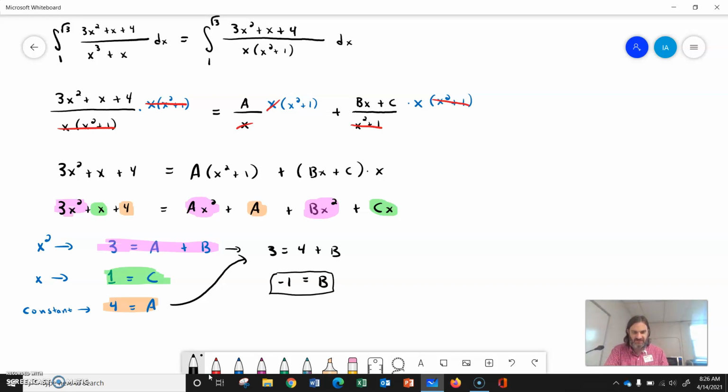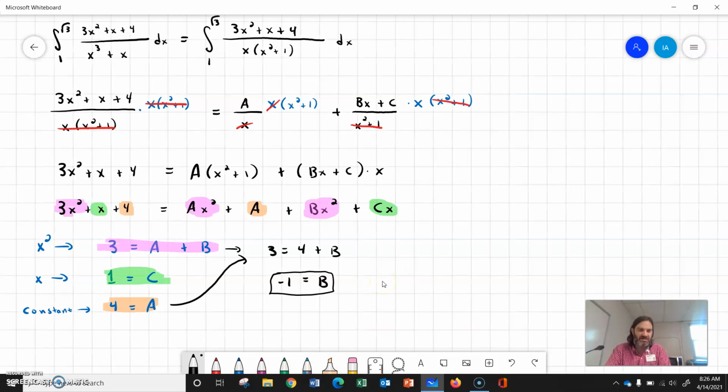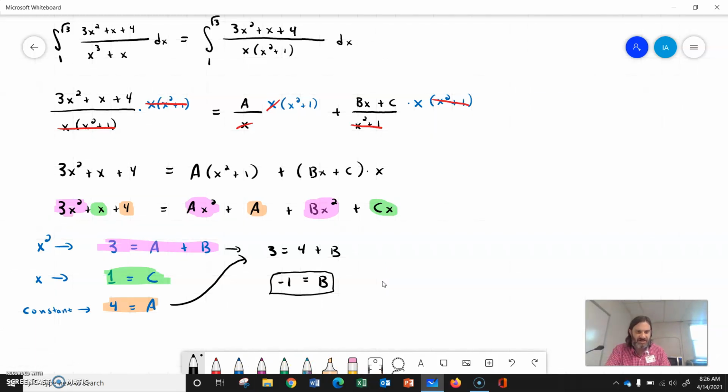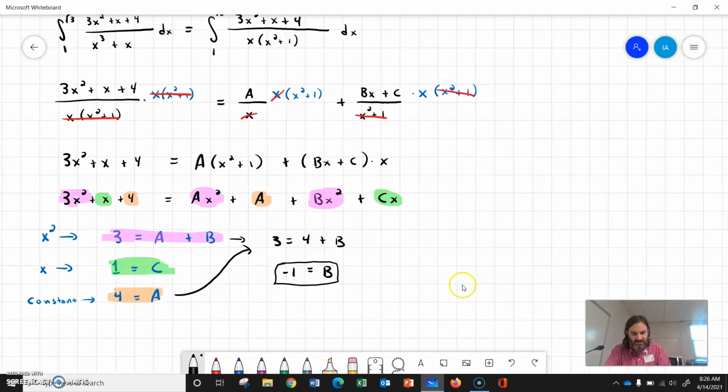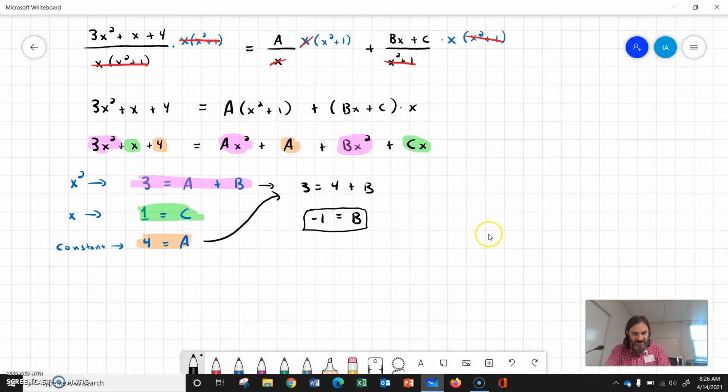So I have my three coefficients. Let's come down here and write our partial fractions out with our limits of integration, because remember we were supposed to be integrating from 1 to square root of 3. I don't know how nice that number is, but let's see.